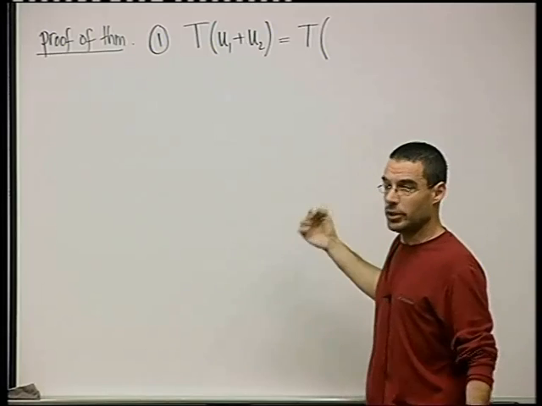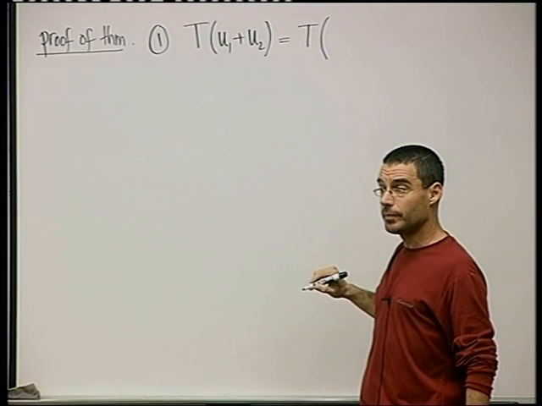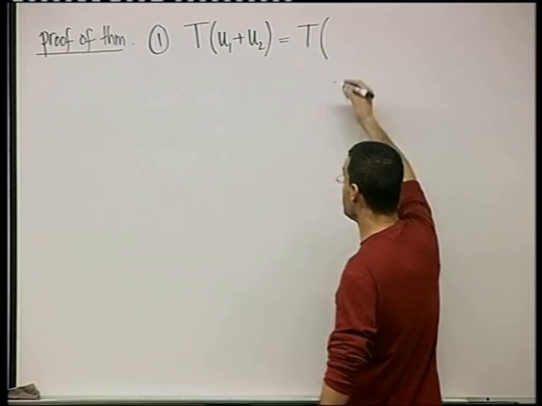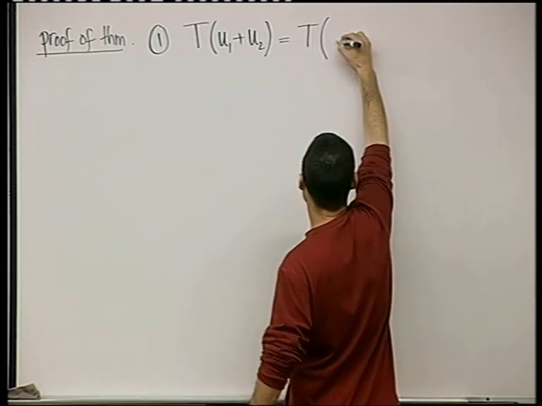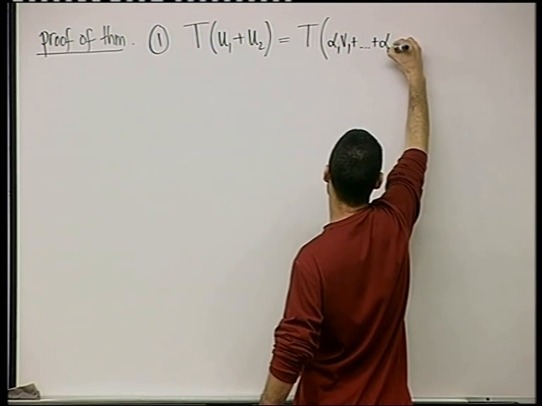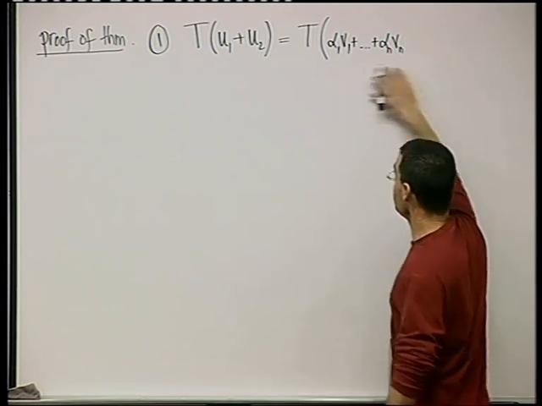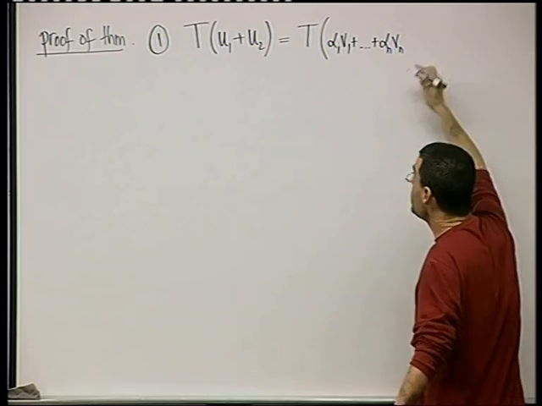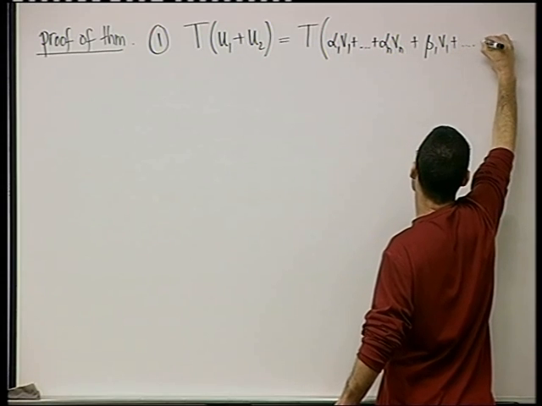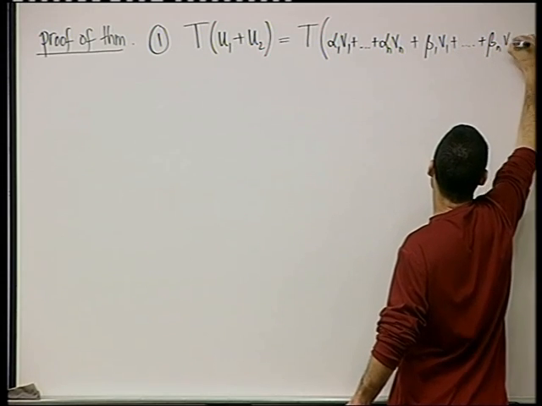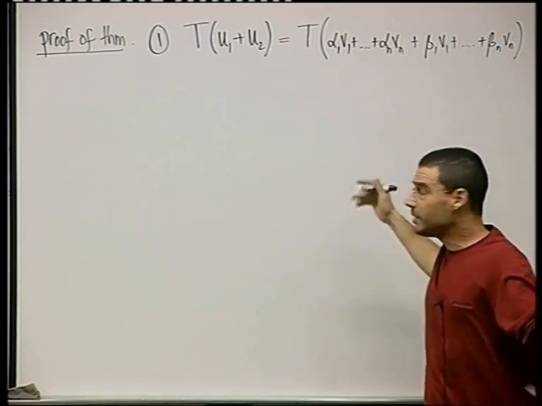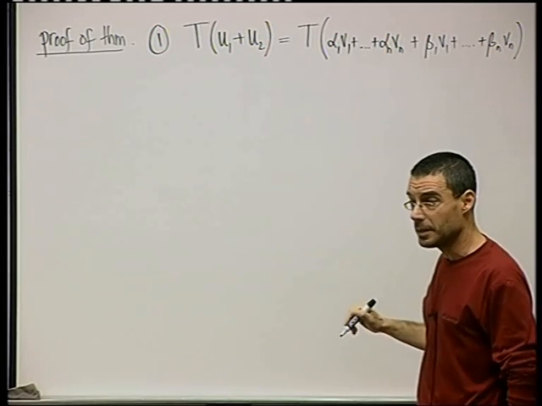U1 was some linear combination of the little v's. Right? It's an element in big V. B is the basis for that. So U1 is some alpha 1 V1 plus ... alpha n Vn. That's U1. And U2 is some other combination, beta 1 V1 plus ... beta n Vn. Do you agree? That's two general elements. They're linear combinations of the basis elements. Okay.